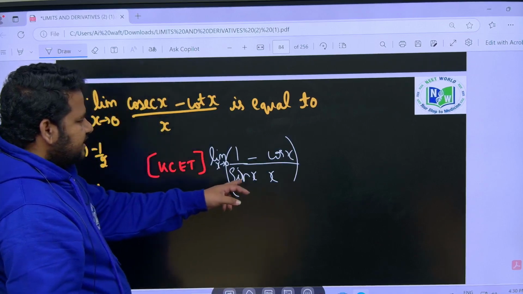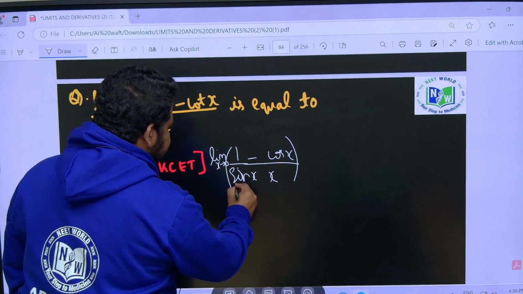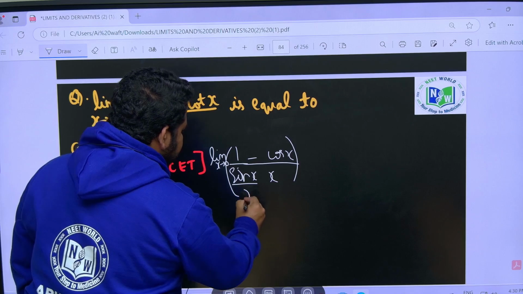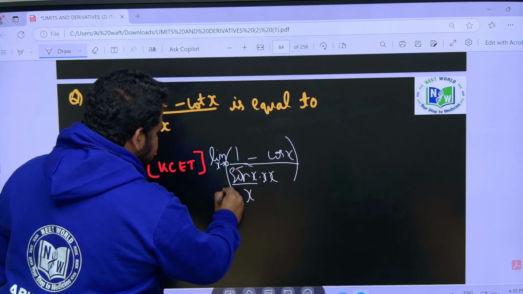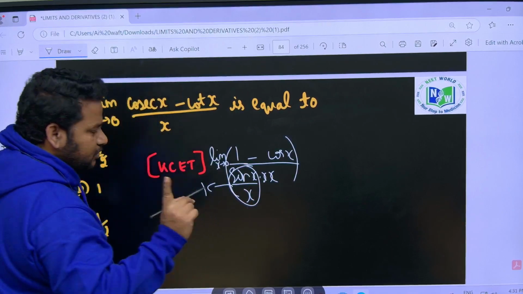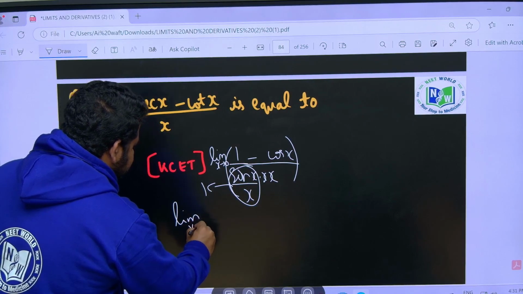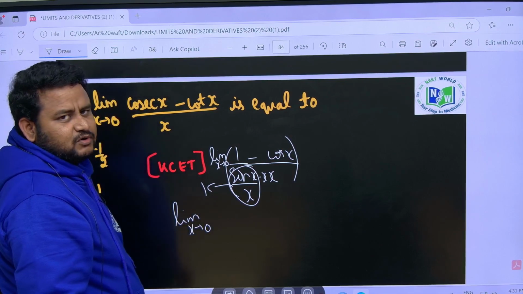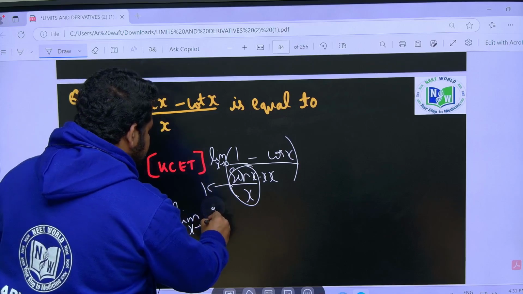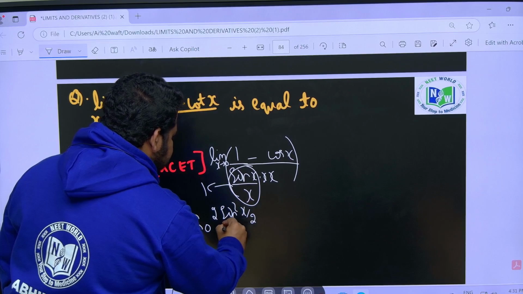Okay, so sin x into x is there in the denominator. Here I can multiply and divide by x because I want sin x by x. So this value will be equal to 1. Now what I am left with is limit x tends to 0, 1 minus cos x by x square. 1 minus cos x is 2 sin square x by 2.